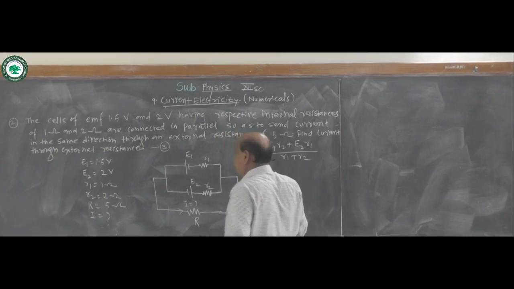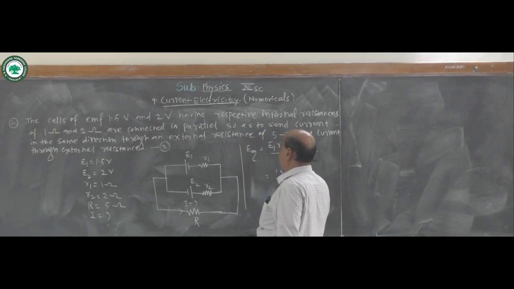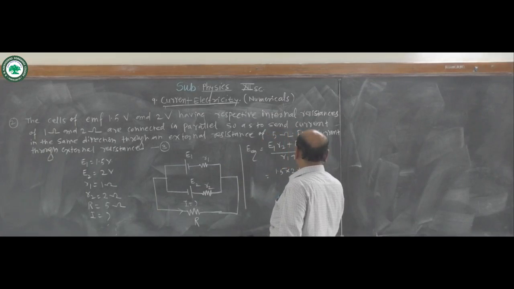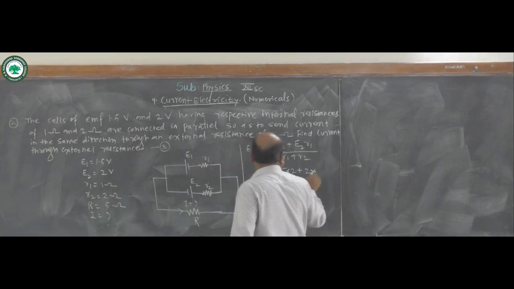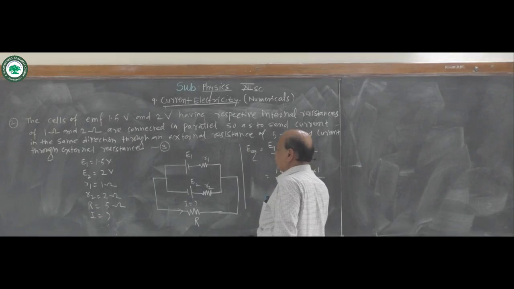E1 is 1.5 into R2 which is 2, plus E2 which is 2 into R1 which is 1, divided by R1 plus R2, that is 1 plus 2.